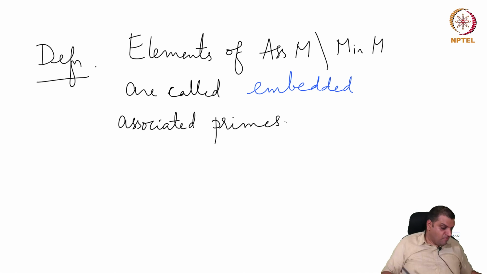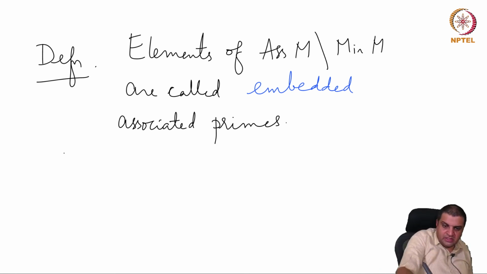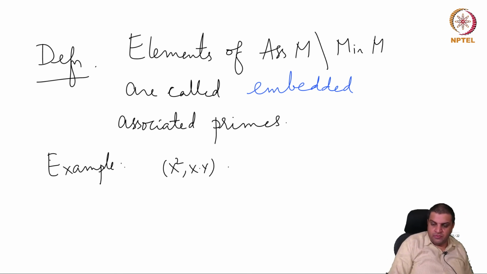So in the example that we had seen earlier, the ideal (x squared, xy), this is (x) intersect (x squared, y).